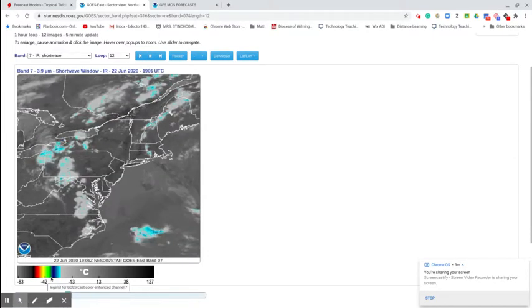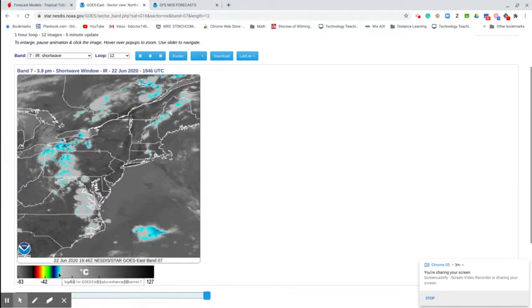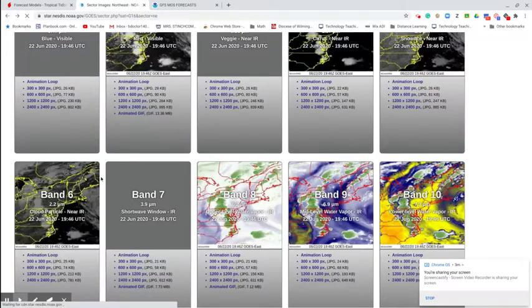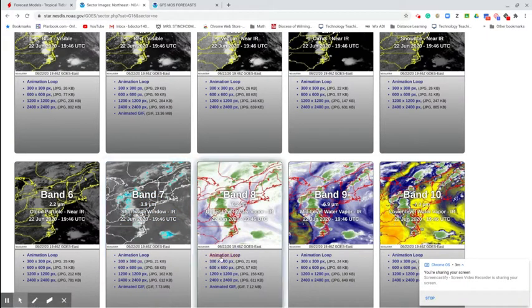And it looks like they're not really that strong. They're not that cold. They're somewhere in the negative 20 degrees Celsius range, which really isn't that severe. It would tell me that they're not real severe. They're just your average run of the mill.